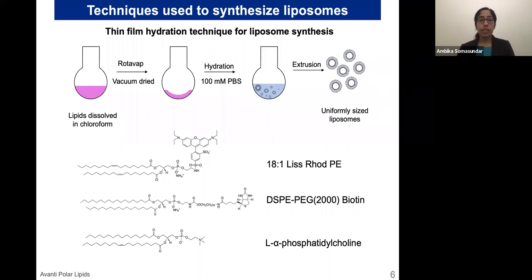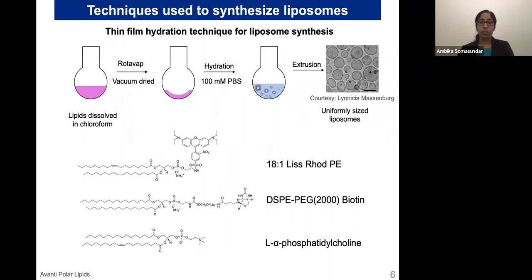The first technique is thin film hydration for lipid vesicle synthesis. After thin film hydration, we extrude the lipid vesicles to a uniform shape and size of about 100 nanometers. The lipids that are used to make these liposomes are shown here.